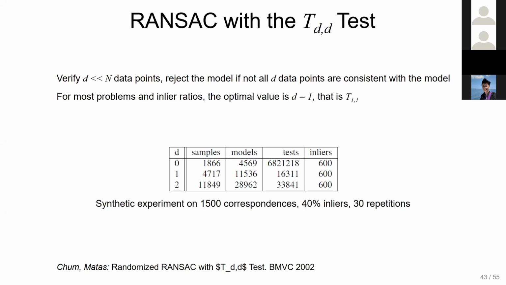If you do the T1,1 test, the number of samples increases, but the number of tests is significantly reduced, because for most of the samples you verify only one correspondence. And if you go for the T2,2 test, then the number of samples increases even more, because you are rejecting more and more samples. But even with a rejected sample, you do at least 2 tests, so the number of tests increases over the T1,1 test. So this is just the intuition why the T1,1 test is the most efficient.